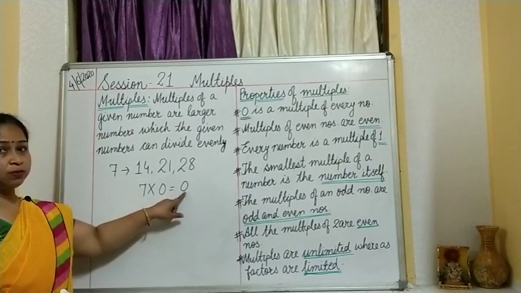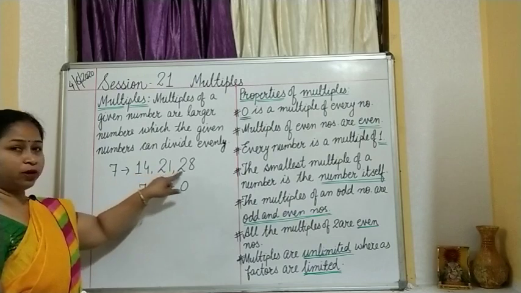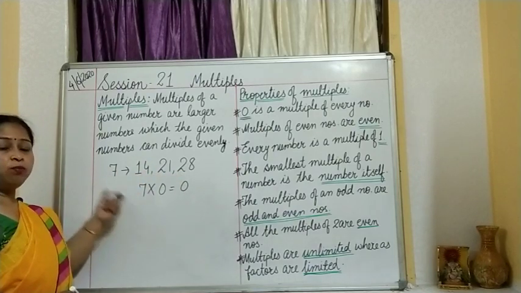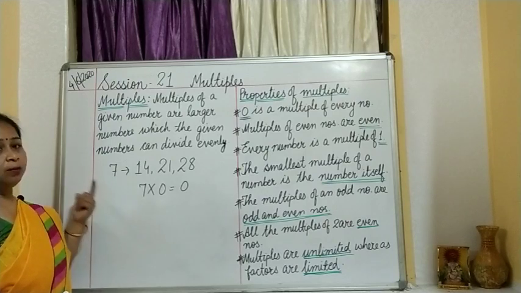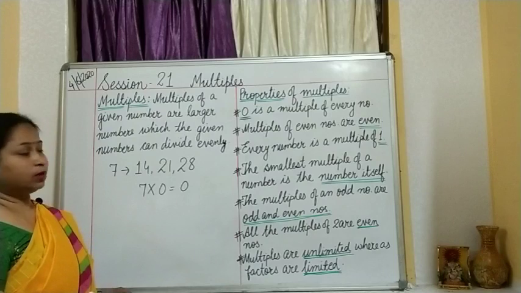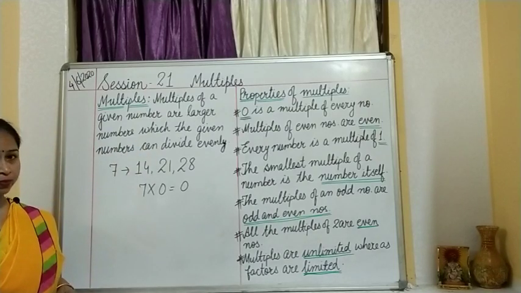So 0 becomes a multiple of 7, as here 14, 21, 28 are the multiples of 7. So if you multiply any number by 0, what will you get? 0. Therefore 0 becomes a multiple of every number.